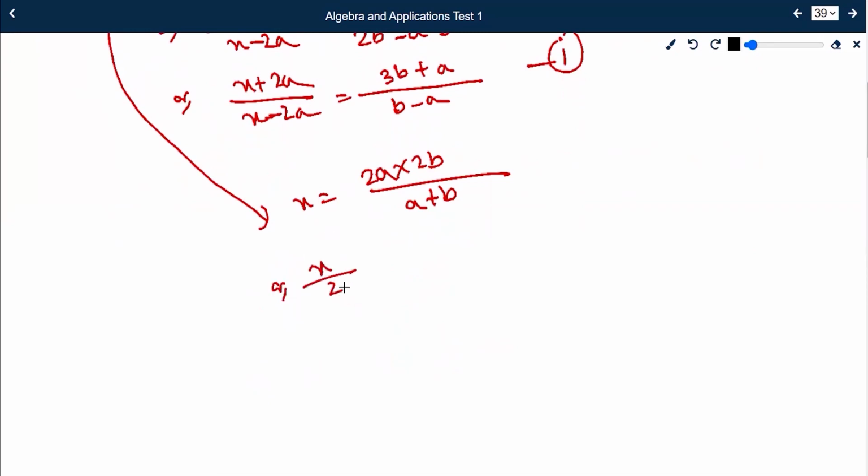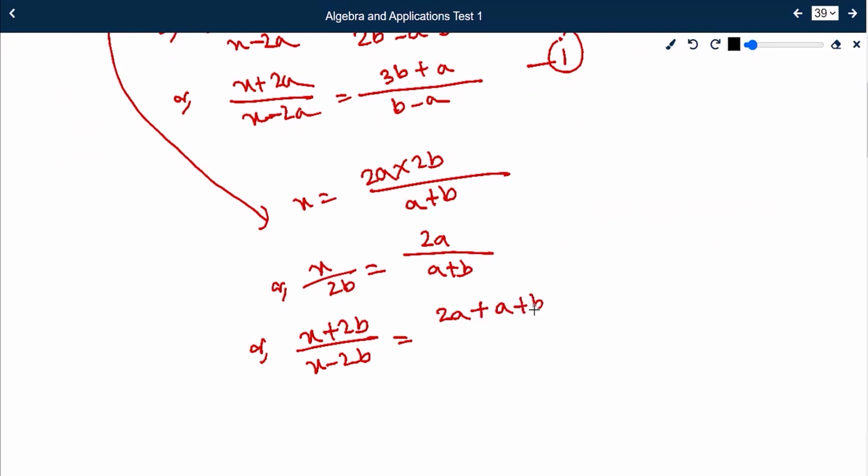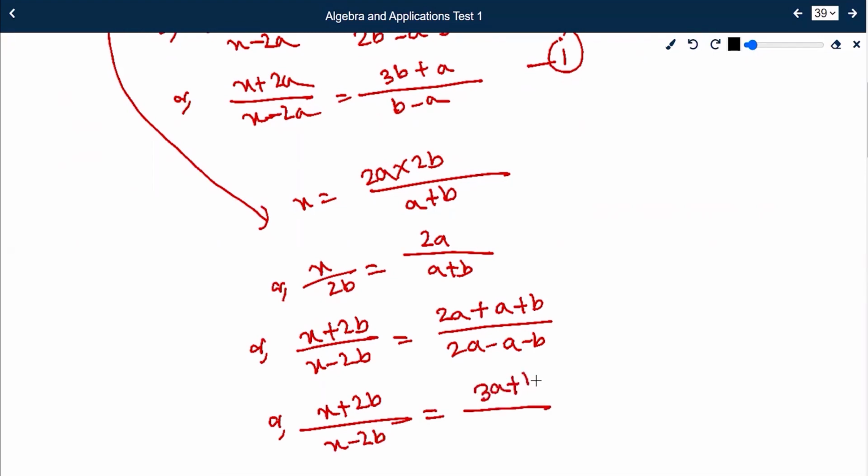Okay, so again, let's do the componendo and dividendo. It becomes 3a plus b, a minus b, right?